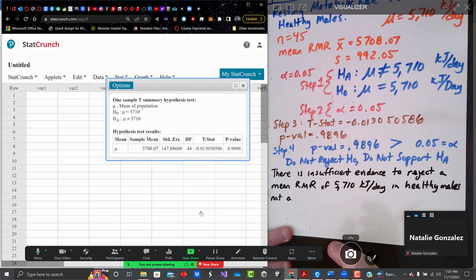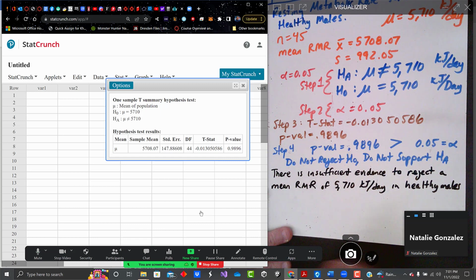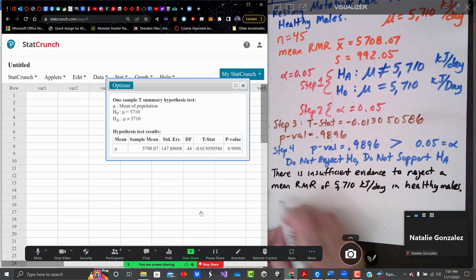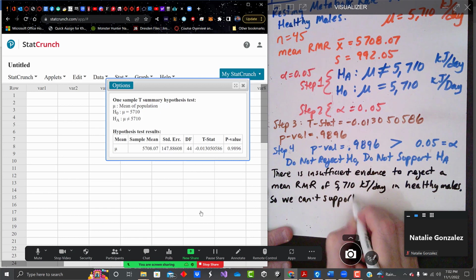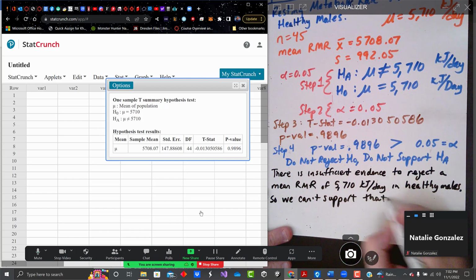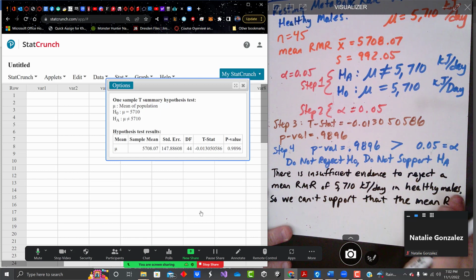There's insufficient evidence to reject a mean RMR of 5,710 kilojoules per day in healthy males. So we can't support that the mean is different. Mean RMR is different.